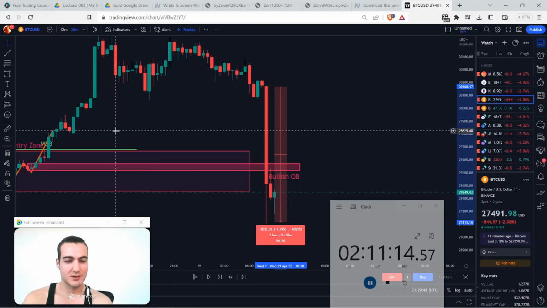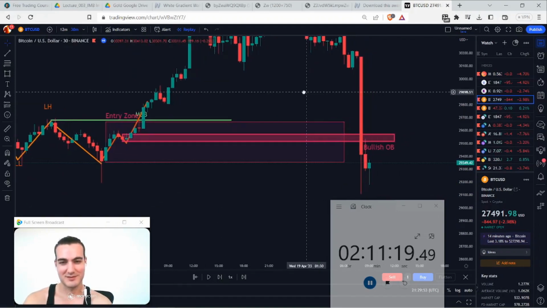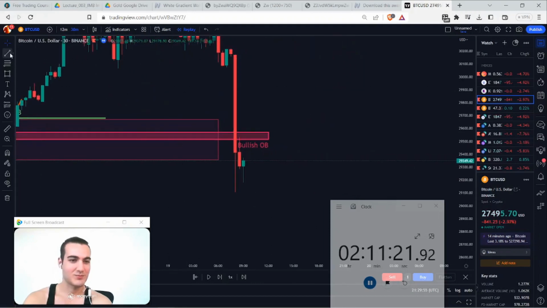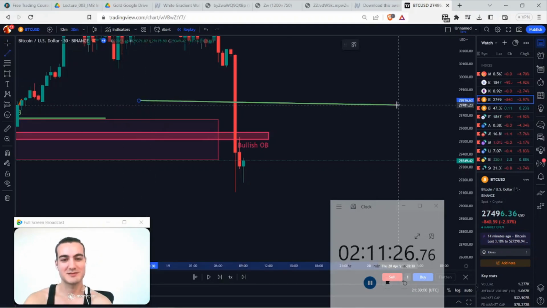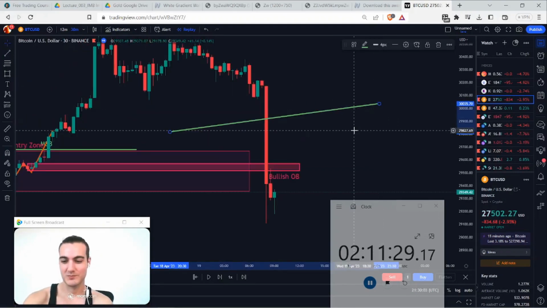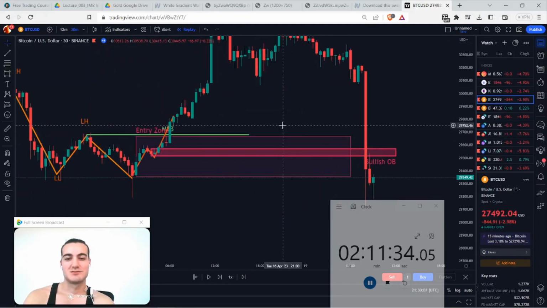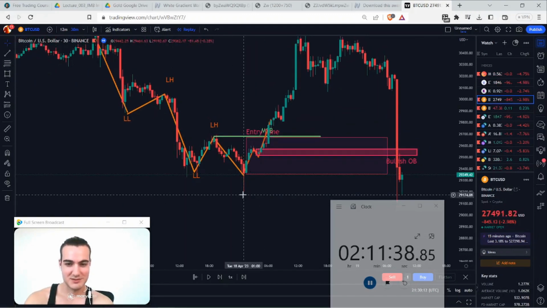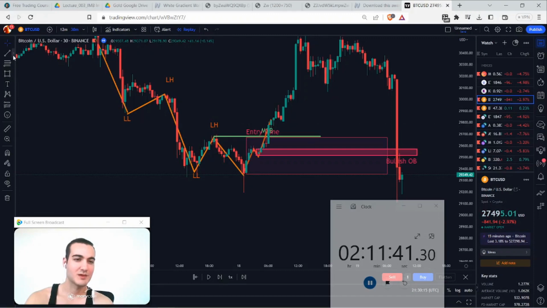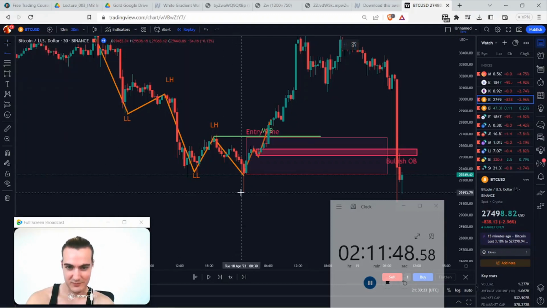Yeah, so if we would have placed a stop loss at the lowest candle width, horizontal line, also over array.